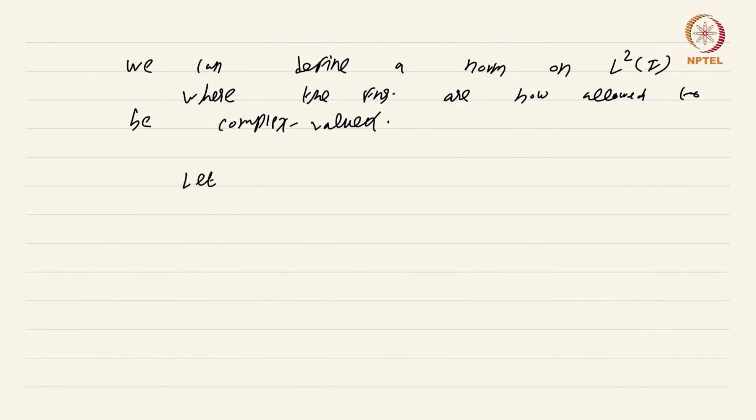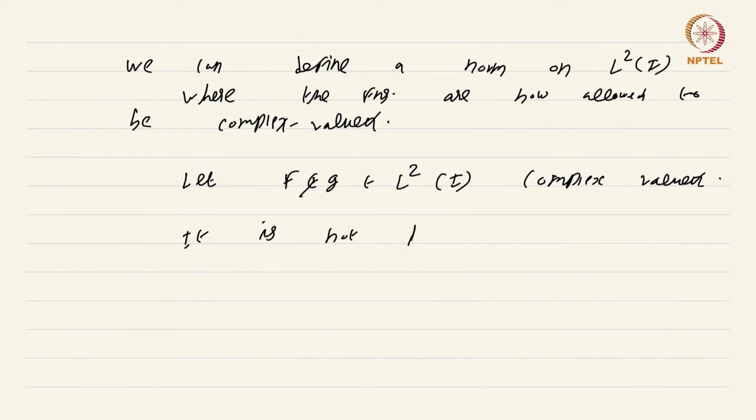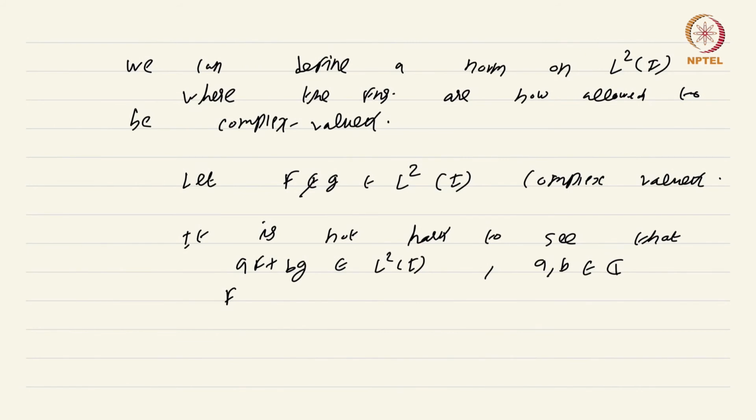Let f comma g be in L2(I), complex valued. Then as we have seen before, it is not hard to see that af plus bg is also in L2(I), where a comma b are now complex numbers, and f times g is in L1(I).